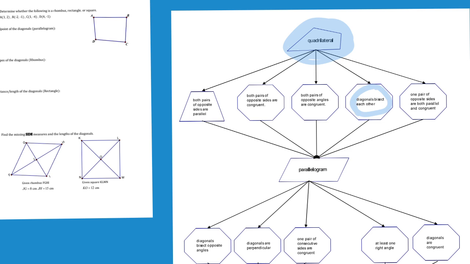Why? When you have a parallelogram and the diagonals bisect each other, they meet where? In the middle, at the midpoint. So if you find the midpoint along each diagonal, and if they coincide, then you know you have a parallelogram. That's the easiest.